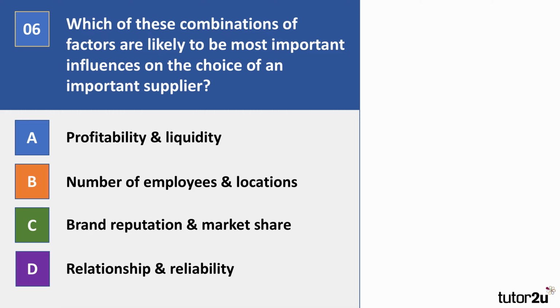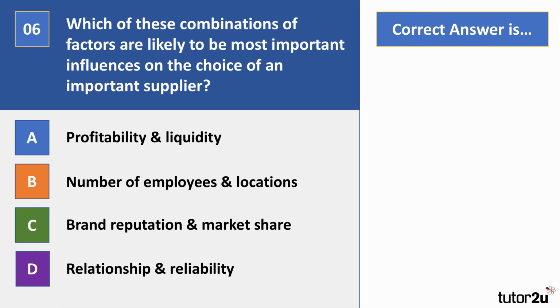So this question is all about working with suppliers and the factors that businesses need to consider, the influences on their choice. And in this case, we think the answer here is D. Now, of course, A, B and C are of interest when you're looking at a supplier.